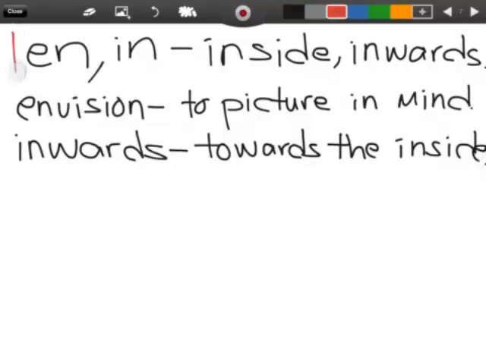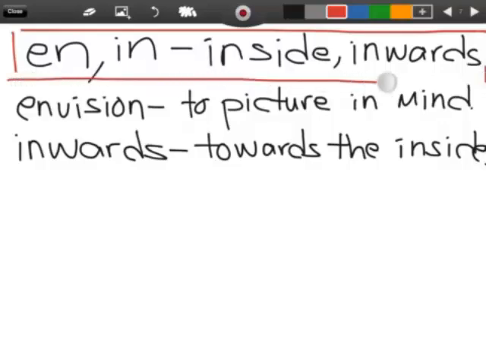This is another commonly used root, actually it's widely used, so I'm going to go ahead and mark that for you. And I'm going to use the word envision in a sentence.